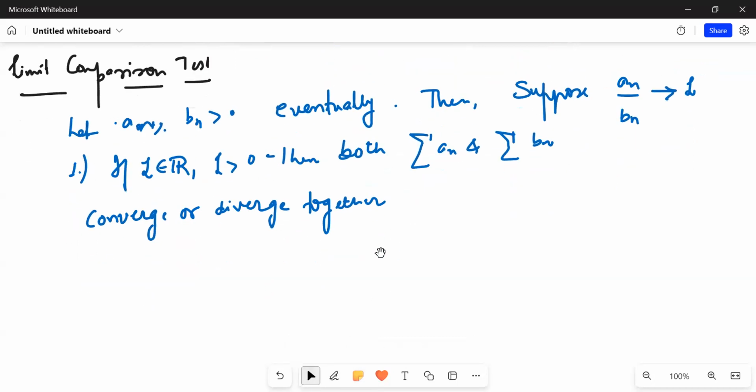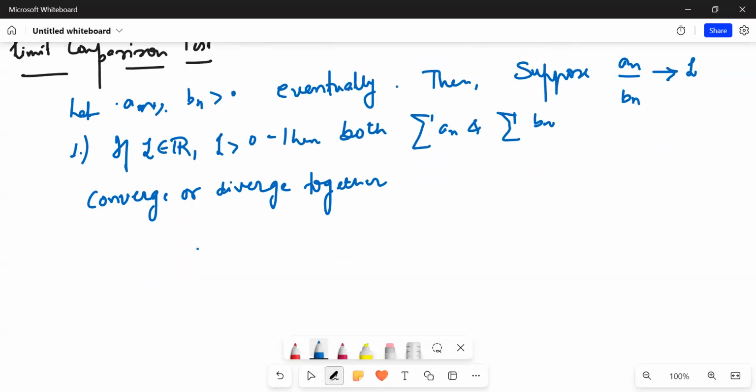See how, just a little bit of understanding. I know that if an upon bn converges to L, it implies that an upon bn can be written in between L minus epsilon to L plus epsilon for all n greater than or equal to n naught.